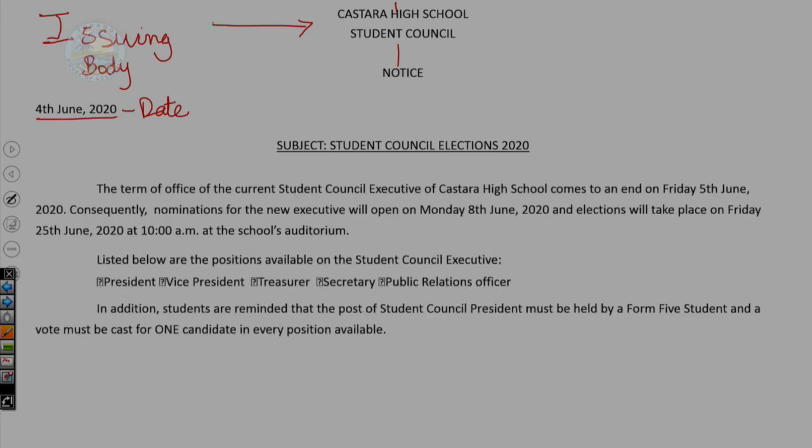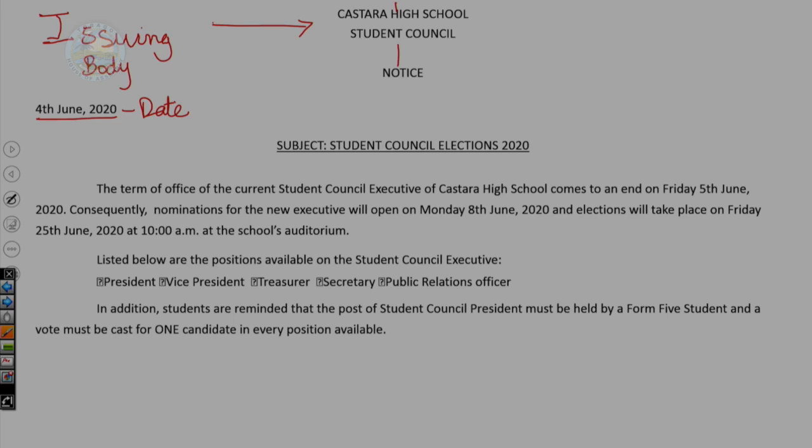Then you want the body of your information. The body of your notice says: the term of office of the current Student Council Executive of Castara High School comes to an end on Friday, 5th June 2020. Consequently, nominations for the new executive will open on Monday, 8th June 2020, and elections will take place on Friday, 25th June 2020 at 10 a.m. at the school's auditorium.